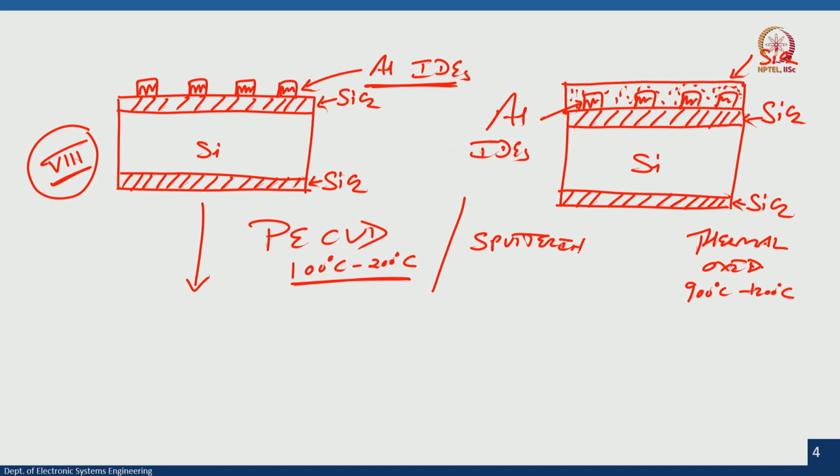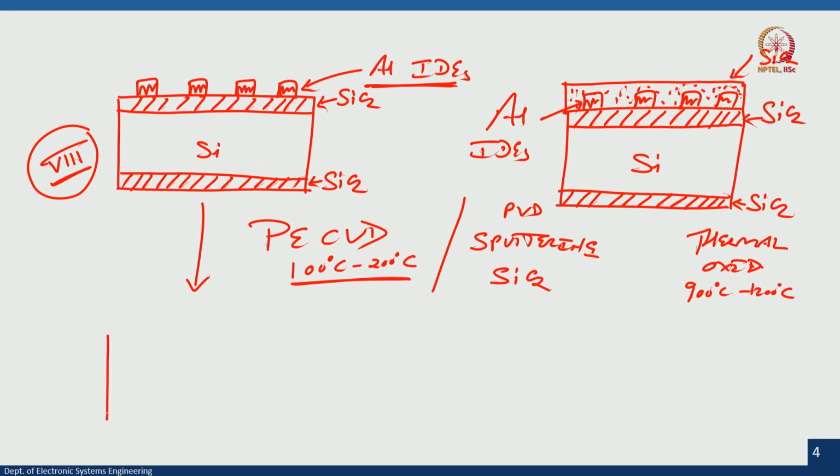In sputtering also you can deposit silicon dioxide, sputtering being a physical vapor deposition. If you want a better step coverage, then PECVD is better, as you know, correct.